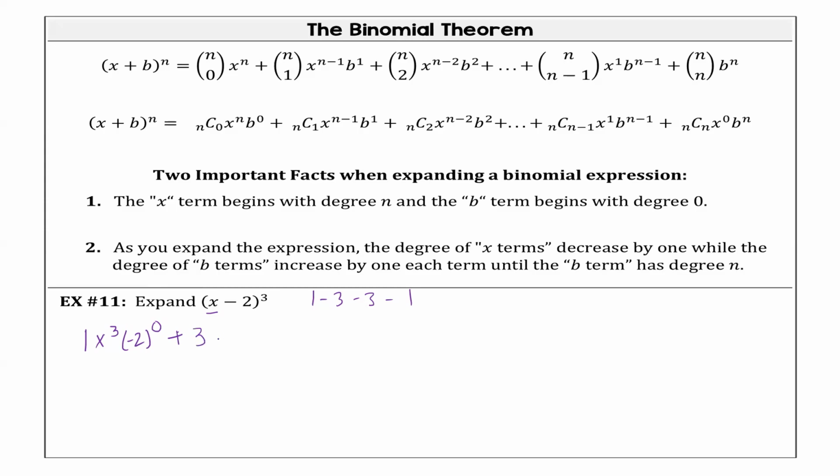Next we're going to have plus 3. But now, instead of x to the third, it's going to be x squared. Instead of -2 to the 0, it's going to be -2 to the 1. And we keep going. Plus 3. And again, x's are decreasing.